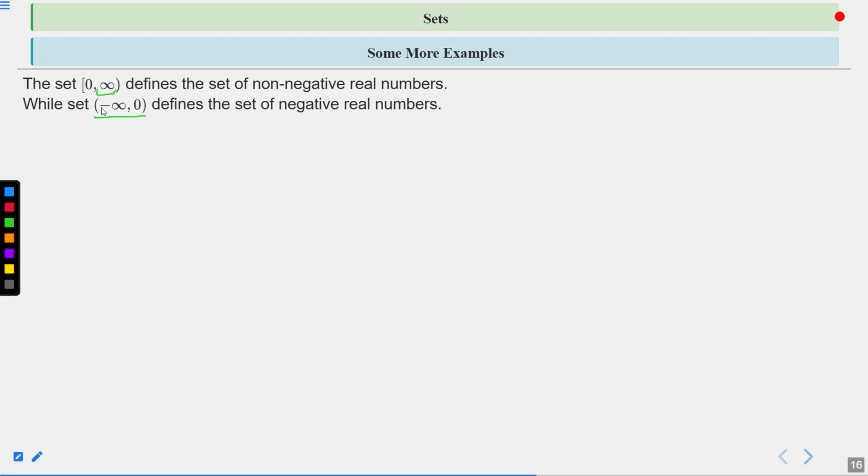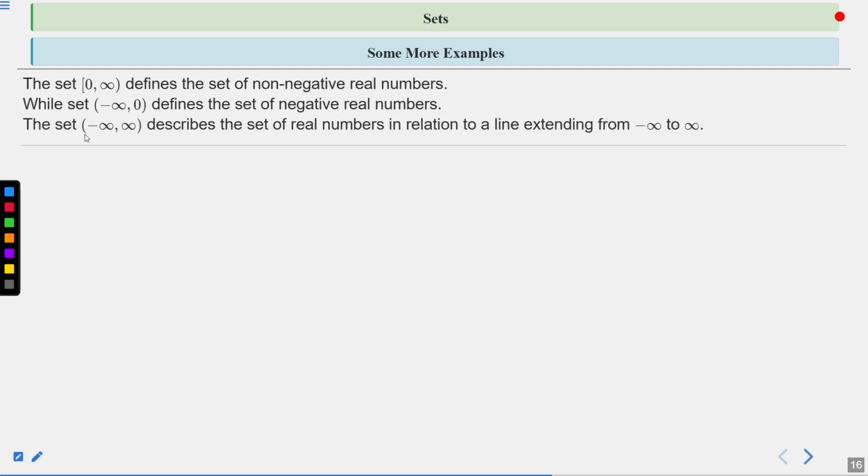Simple, this notation is for infinity, we are reaching to infinity. Minus infinity, we are reaching to minus infinity. This is simply the set of negative real numbers. Open interval minus infinity to 0, we are excluding 0. So always remember that we do not use a closed sign for infinity, as it is not a number. This is just a representation that we are approaching infinity. Clear?